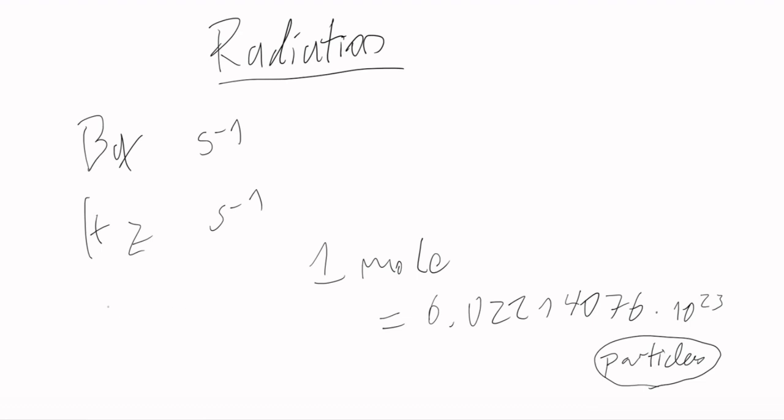And here, in contrast, we have events. But we don't have an extra unit that indicates events. It's just per second. So that's an inconsistency. So let's draw an inconsistency lightning here.